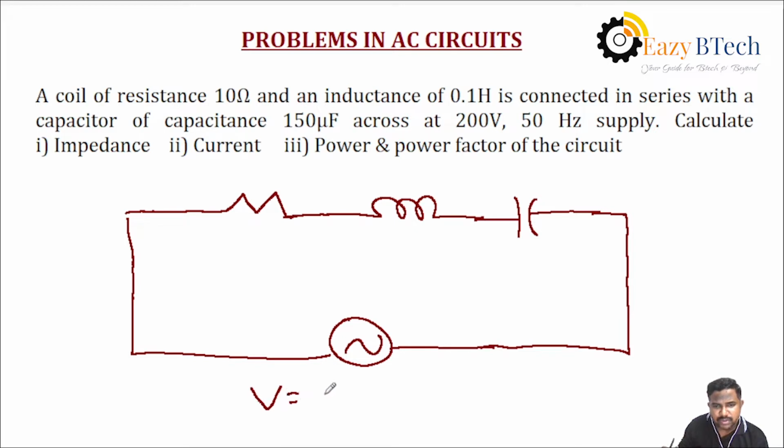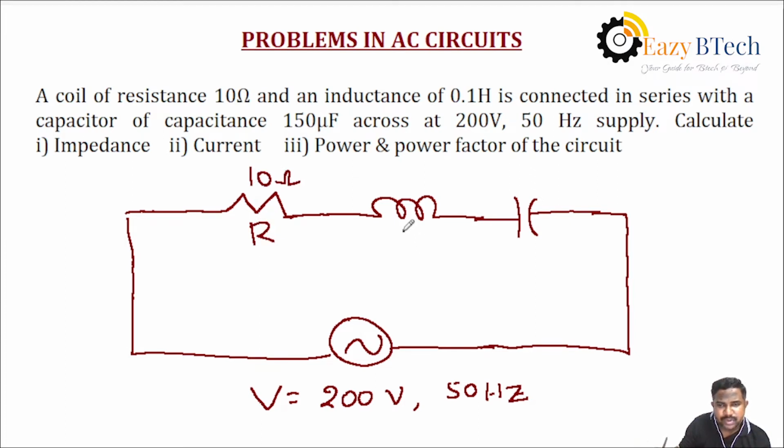The voltage value is given, that is 200 volts with frequency 50 hertz. R value is given, that is 10 ohms. L value is given 0.1 Henry. Capacitance is given 150 microfarad.